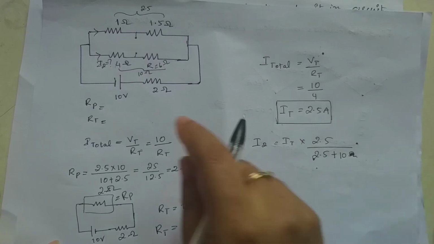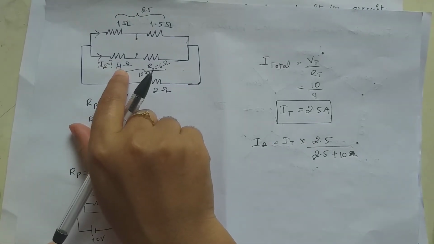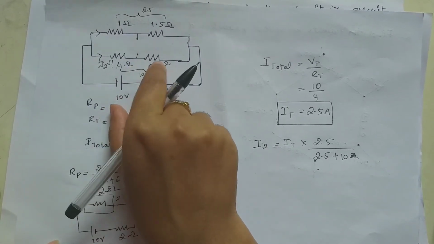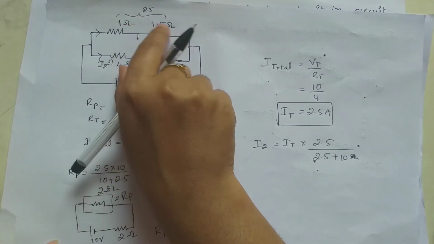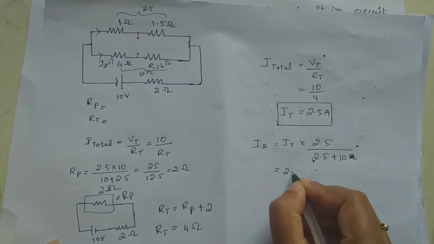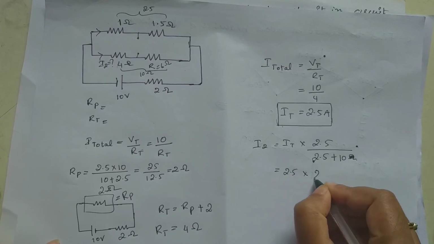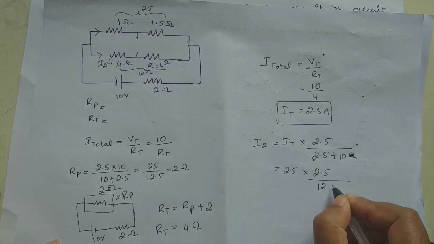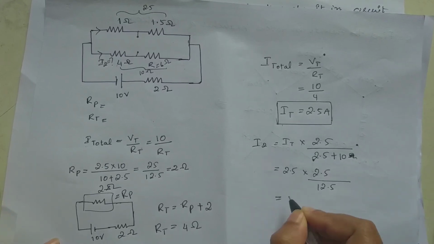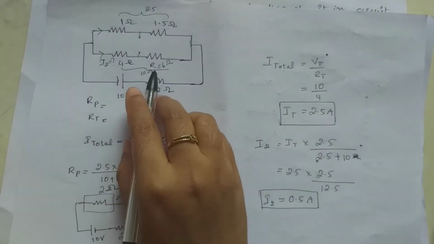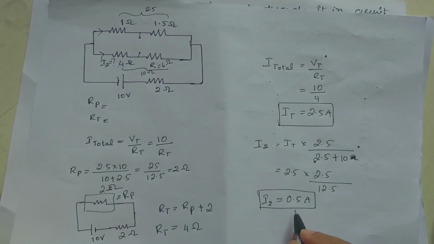We take 10 because I2 flows through both 4 ohm and 6 ohm, so we add them to make a single branch. So I2 is 2.5 into 2.5 divided by 12.5. The answer is 0.5 amperes. That is the current through the resistor R, 0.5 amperes.